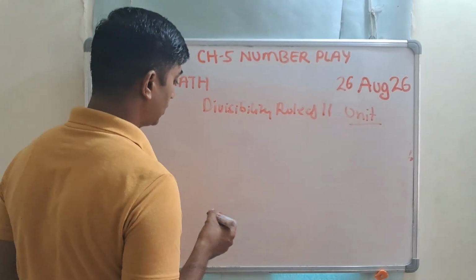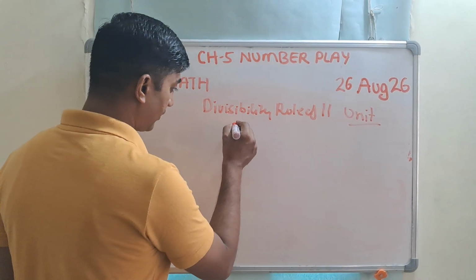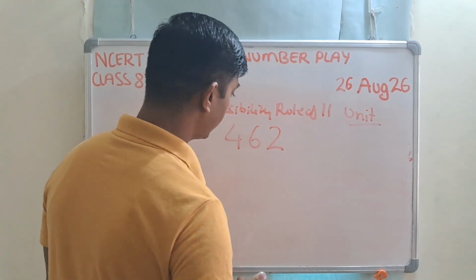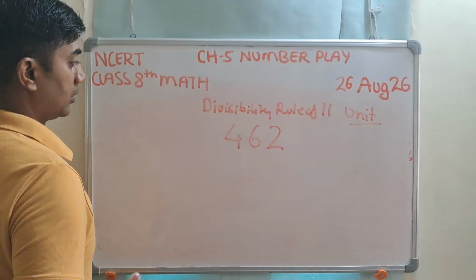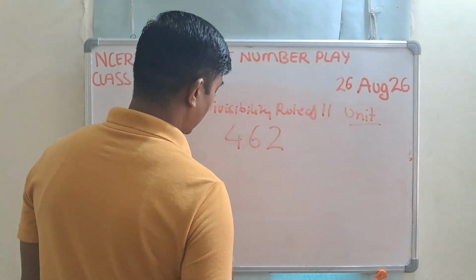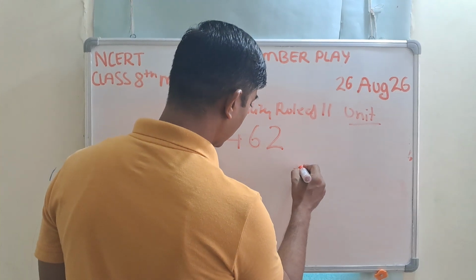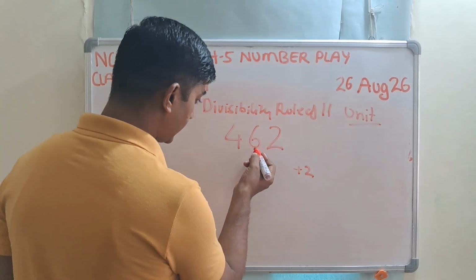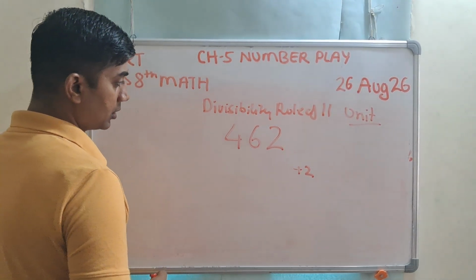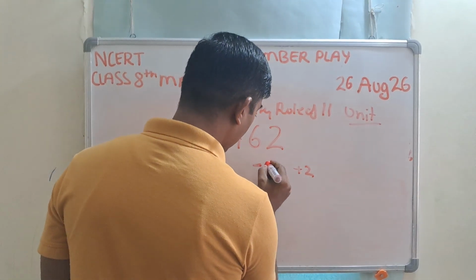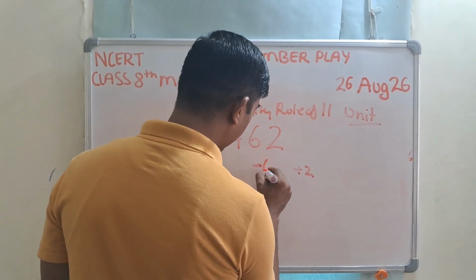Suppose they have given the example 4 6 2. Understood? Now see, this is unit place. What you have to do? +2. This is tens place, 60. In case of 60, what you have to do? -6.